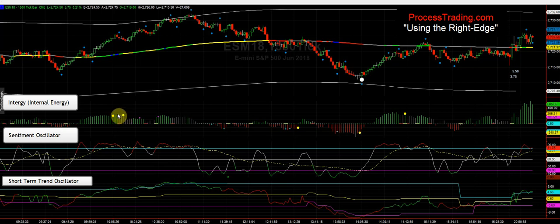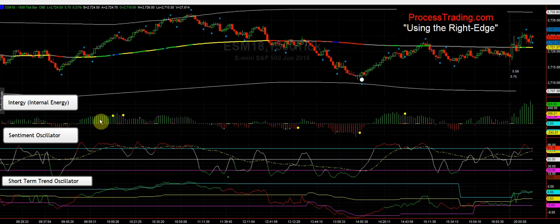And we look at those and use that as additional information when we're reading our other indicators, and it gave us an even stronger sentiment to stay in the trade to the long side.